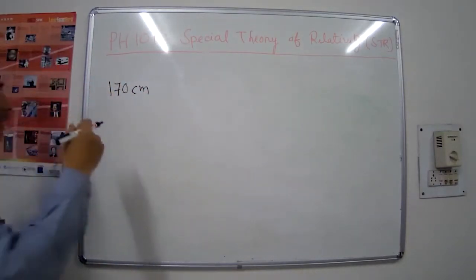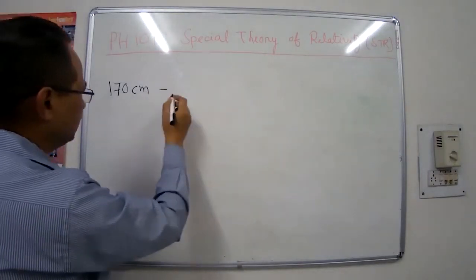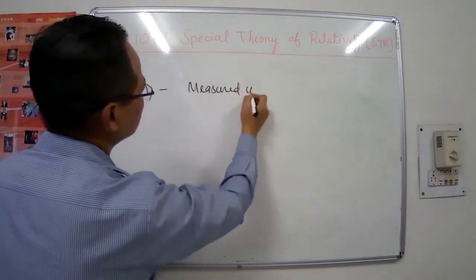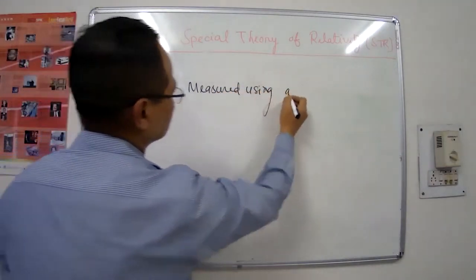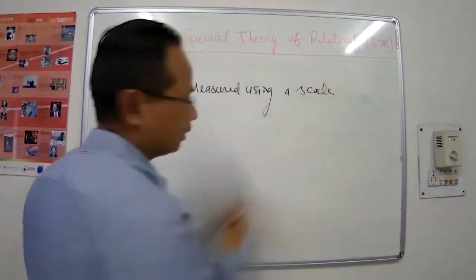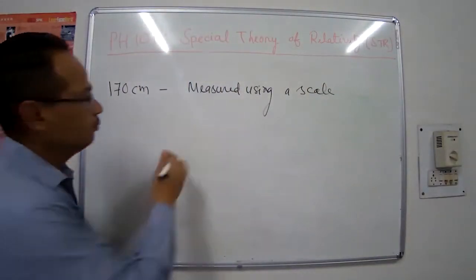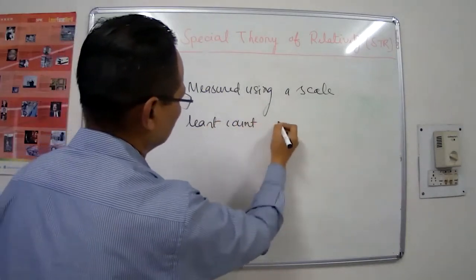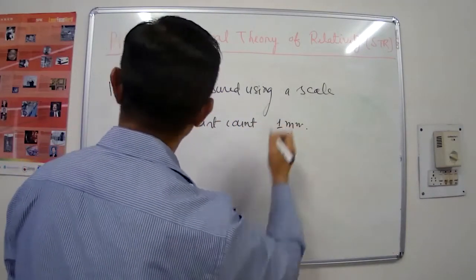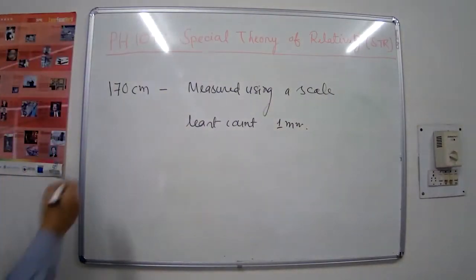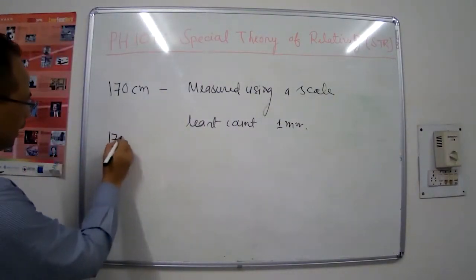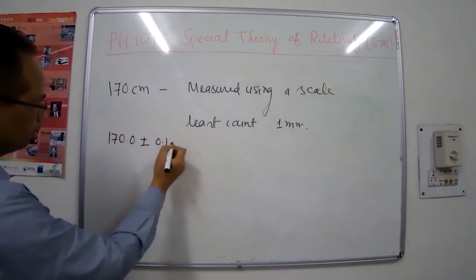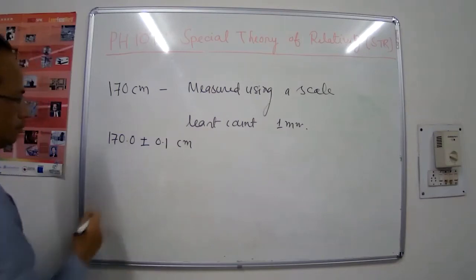And normally what we'll do, it is measured using a scale. And the scale will have a least count, let's say 1 millimeter. So your measurement, you can write it like 170.0 plus minus 0.1 centimeter.